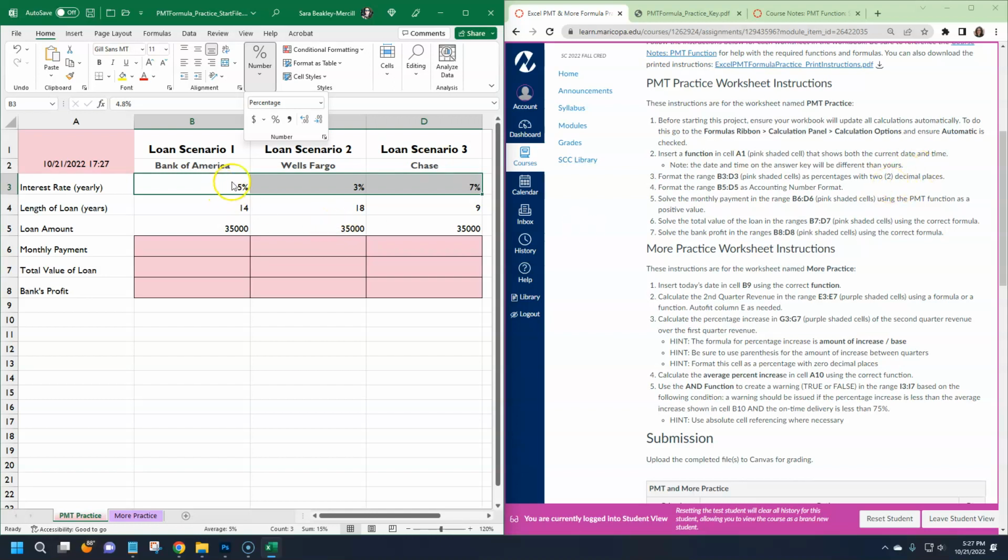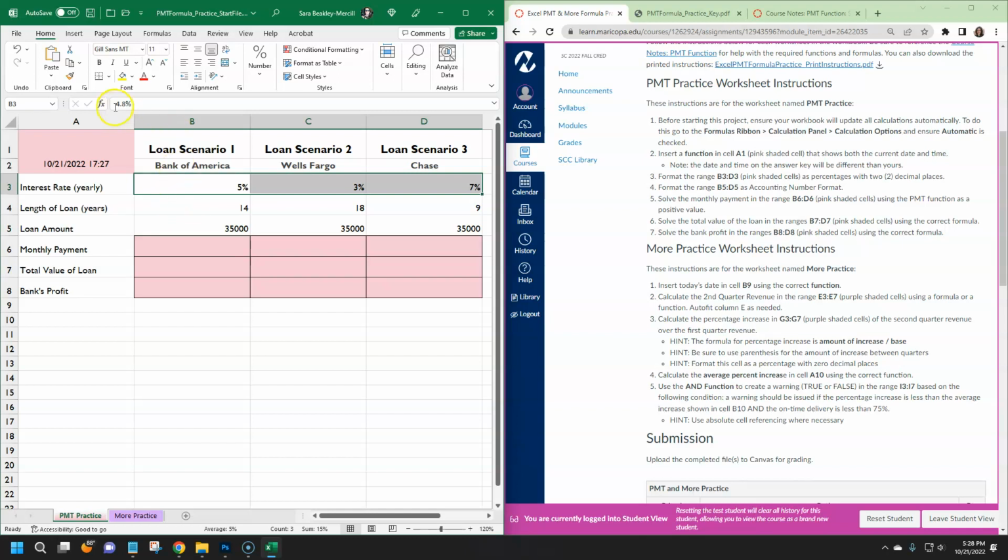Now I want to add 2 decimal places. Right now, I just want to point out that your cursor should be on cell B3. You can see it says 5%. But if I look in the formula bar, which shows you what the contents are inside any particular cell, you can see there's the 4.8%. That was actually in the worksheet. You might be thinking, oh, it rounded the numbers. Well, it only rounded it visually.